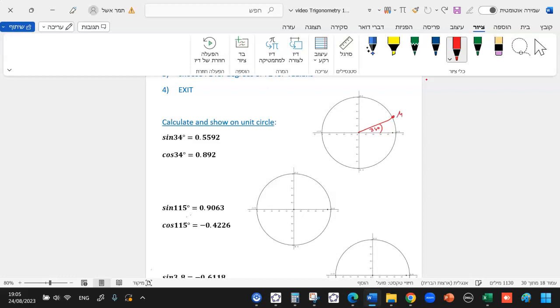Matching point is M. It has some x coordinate and y coordinate. According to the definition, sine 34 is the y coordinate. So this is 0.5592. Makes sense because this is 1. It's a unit circle. The cosine of 34 is the x coordinate. It's here. This is 0.892, and this is a cosine.